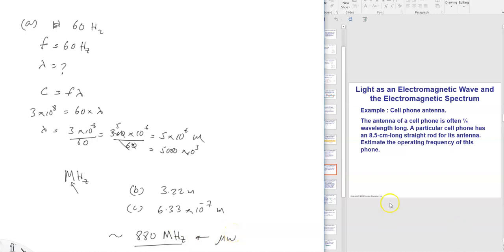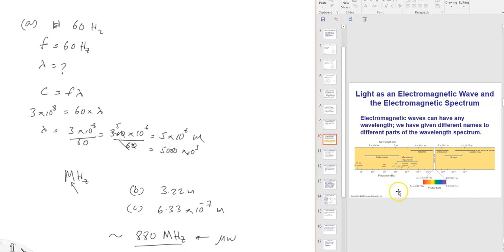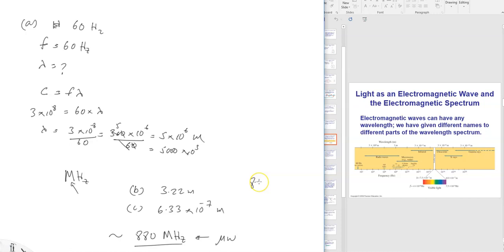Okay, let's take a look at it real quick. 880 megahertz, 880 times 10 to the 6. So it is 8 times 10 to the 8. So yep, it's kind of around the microwave range. That's for the cell phones. Okay.